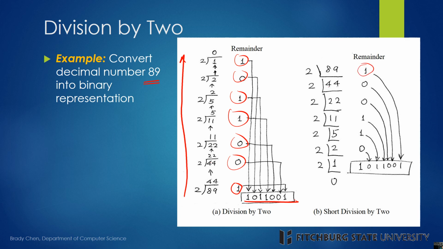And then 44 divided by 2, you record the quotient and the remainder. So we're just doing this using the short division format, and we can get the same result. It's just a different division form. It's short division, so you save some space, and it's easier to understand.